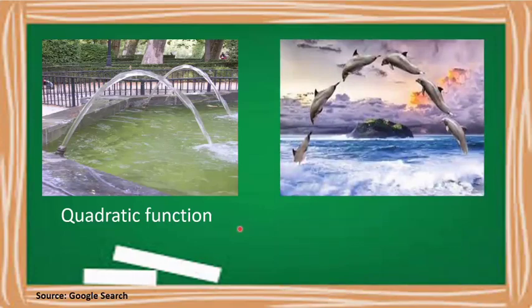Number 2. Ano yan? Okay, fountain. Quadratic function or not? Quadratic function. And number 3, okay, mga dolphins na tumatalon. Quadratic function. So, nasagot na natin yung isa nating task doon sa ating module.